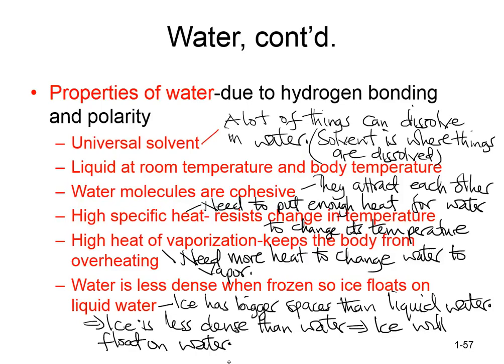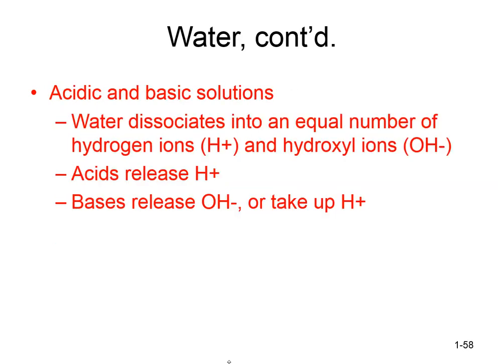So like ice really has bigger air spaces. So when you put ice in water, the ice will have less mass because some of it is just the air, while water has very small air spaces and will have more mass than the ice. So if you are using the same volume, the density of ice will be less than the density of water, and therefore ice will float on water.